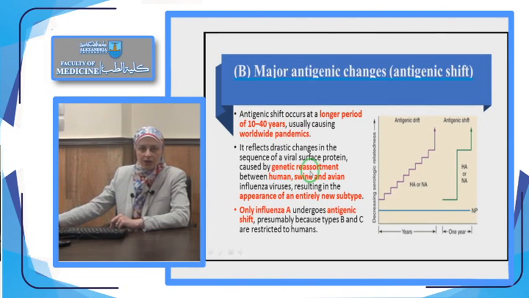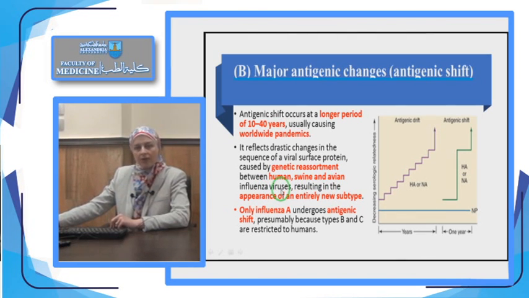What about the major antigenic changes? These occur over a longer period, 10 to 40 years, and they cause worldwide pandemics, as we will see. They reflect drastic changes in the sequence of these surface proteins due to genetic reassortment between human, swine, and avian influenza viruses.